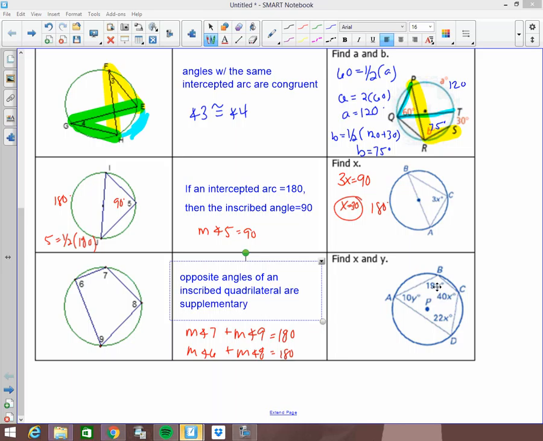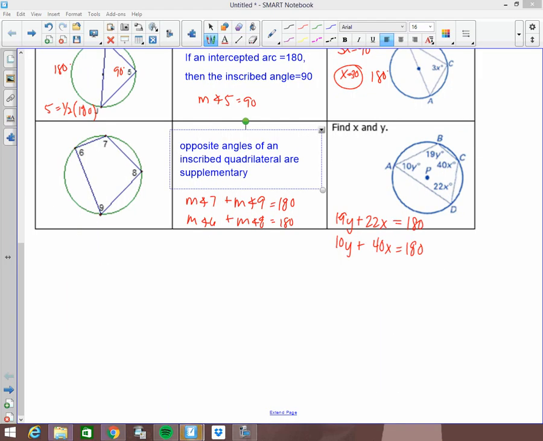And we'll say 19y plus 22x has to equal 180. And we'll say that 10y plus 40x has to equal 180. Okay? And if you remember from your Algebra 1, we're going to have to use a system of equations because we have two.